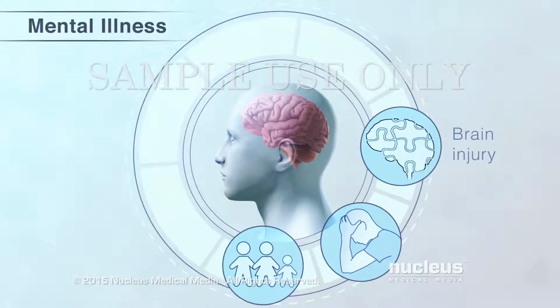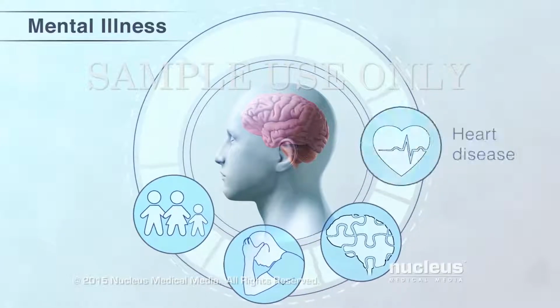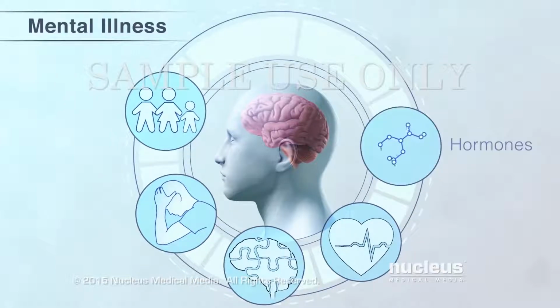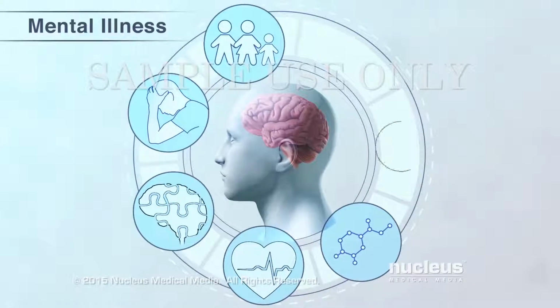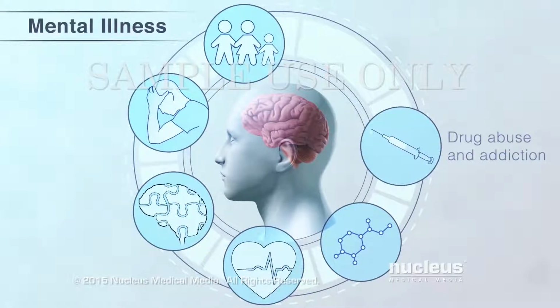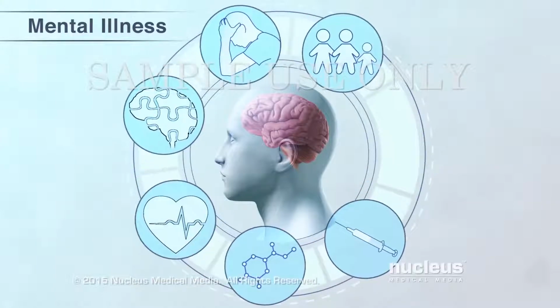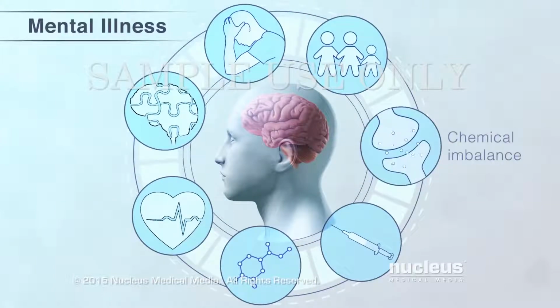Other factors may include health problems such as heart disease, problems with other chemicals in the body called hormones, drug abuse and addiction, and an imbalance of chemical messengers in the brain.